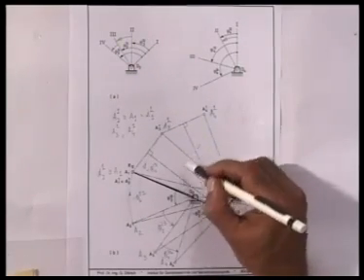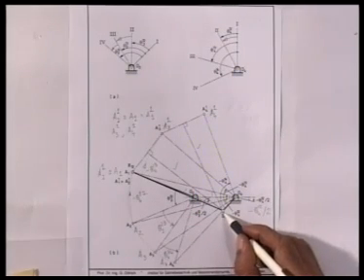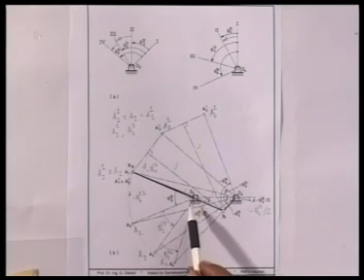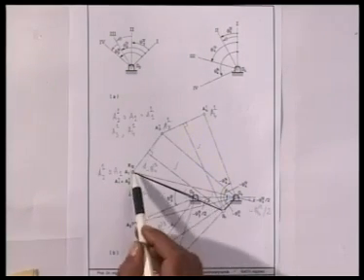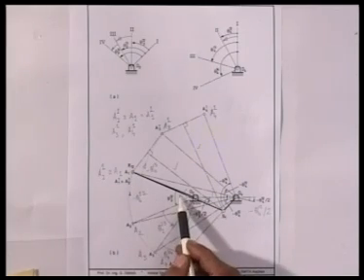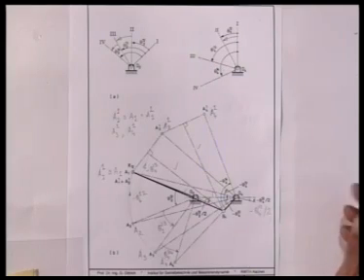These two lines intersect at B1, and I get the required 4R linkage, namely O2 A1 B1 O4. O2 A1 and A1 B1 in this first configuration are almost coincident because of this given data. This is what we call point position reduction.